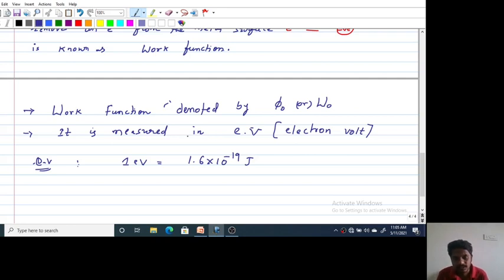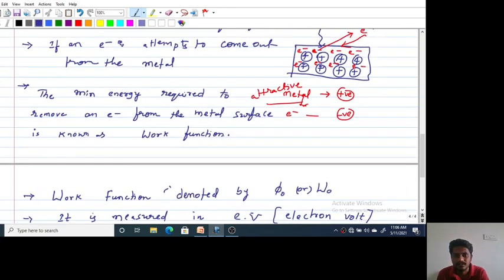When you apply 1 volt of potential difference to 1 electron, the energy associated with the electron is said to be 1 electron volt. This is about the work function.